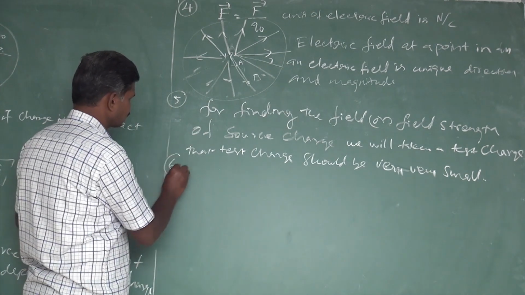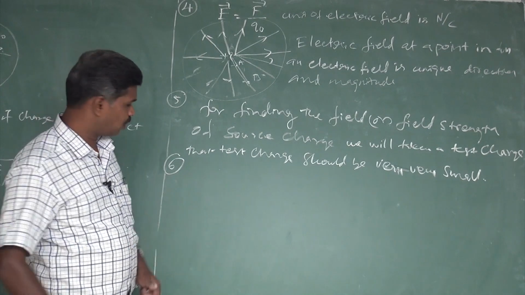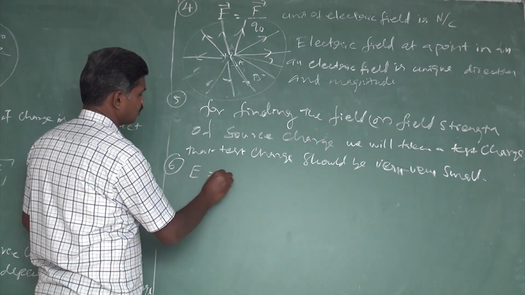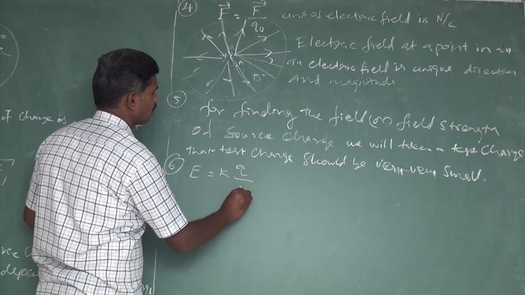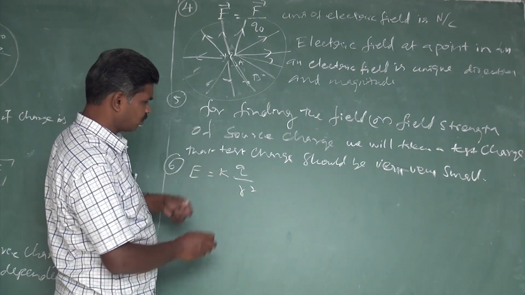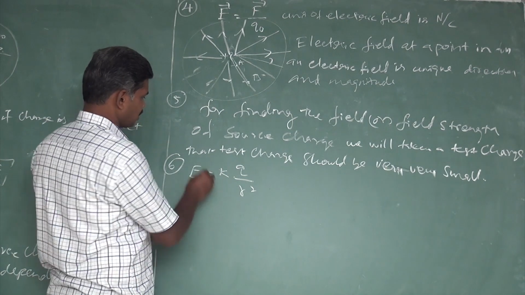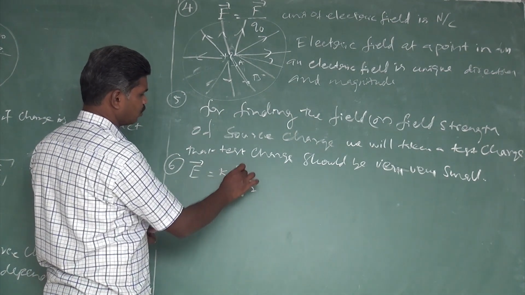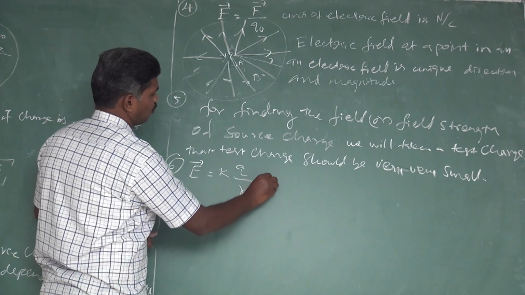Next, the sixth point. We already derived the formula E is equal to KQ by R squared. This is the magnitude; if we want to mention it as a vector, E vector equals KQ by R squared into R cap.